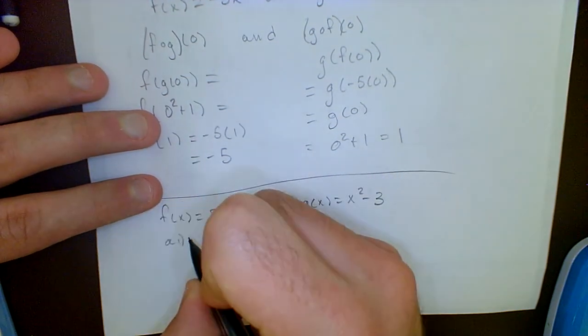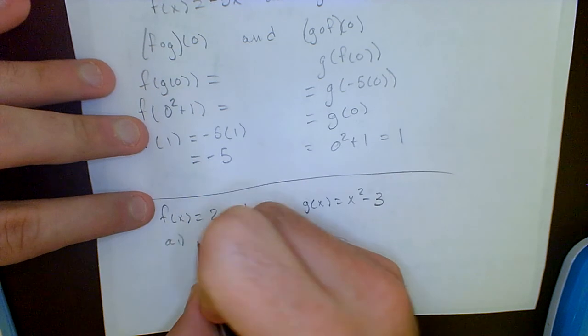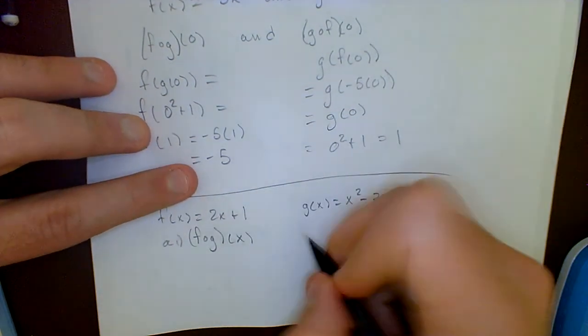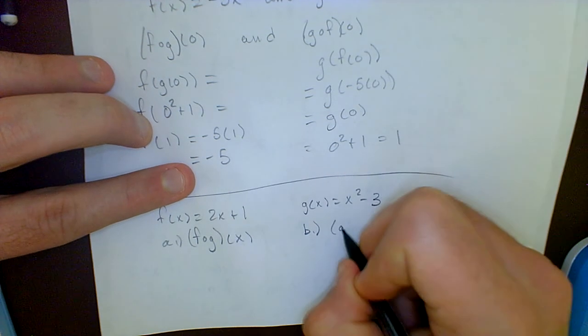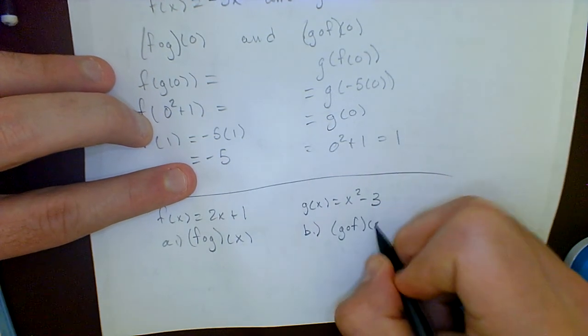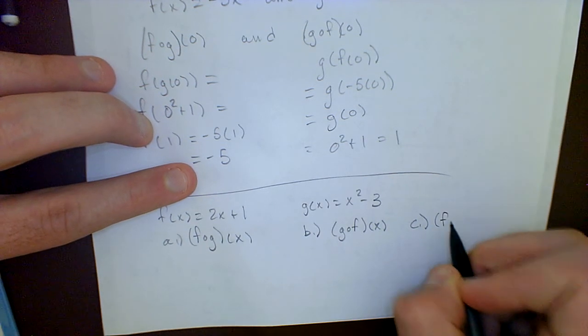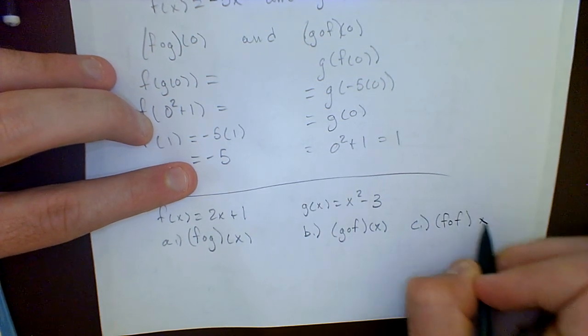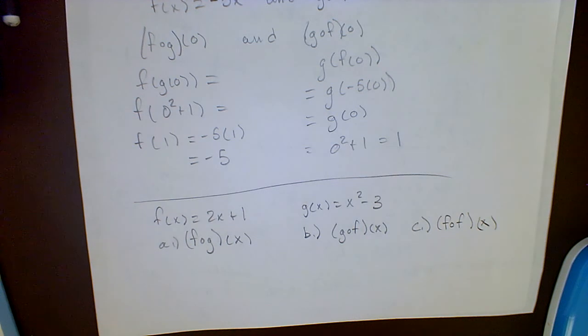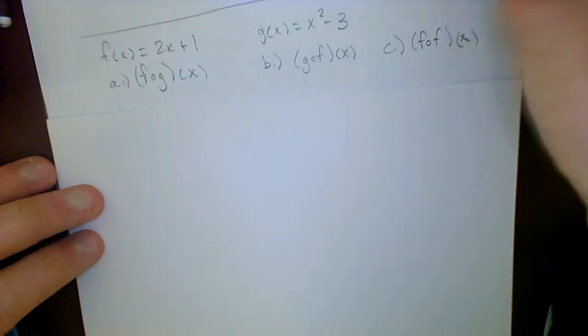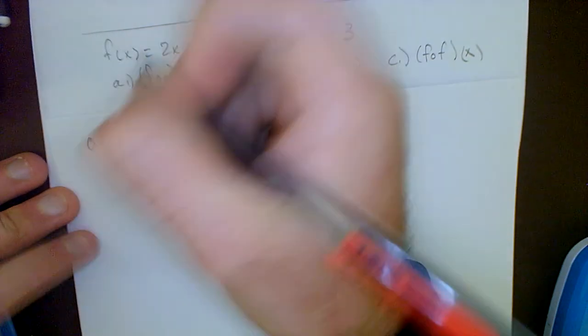So they want A, f of g of x, B, g of f of x, and C, f of f of x. Okay, so now go ahead and get started.